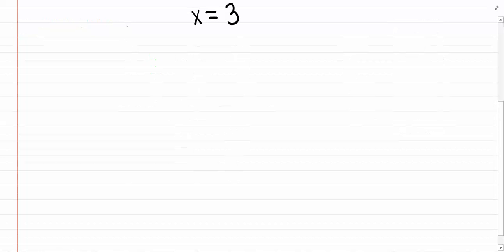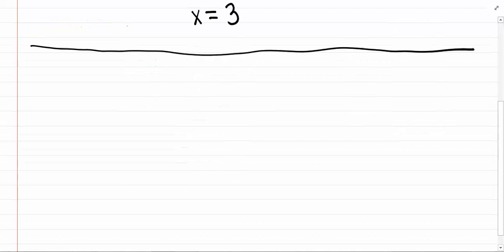Let's try another one. Let's look at x over 5 minus 2 equals 8.